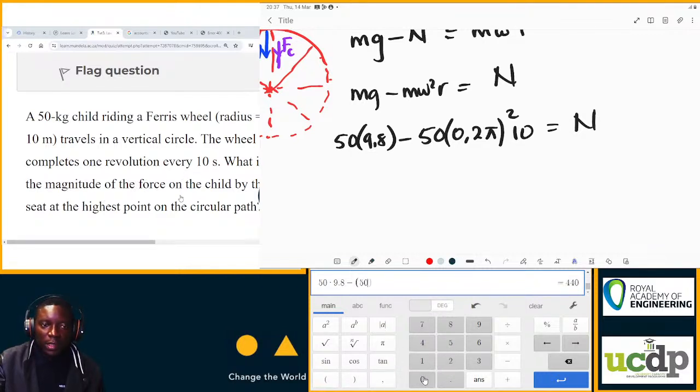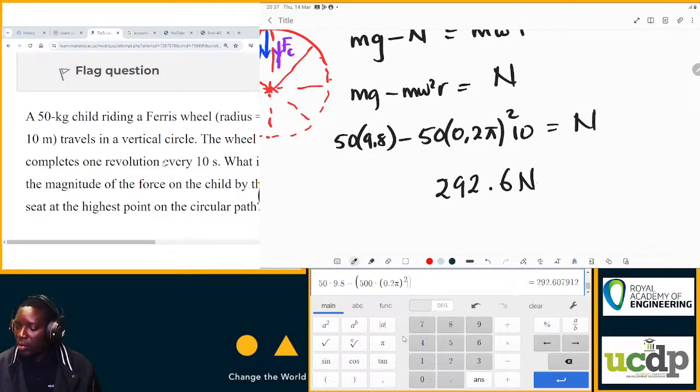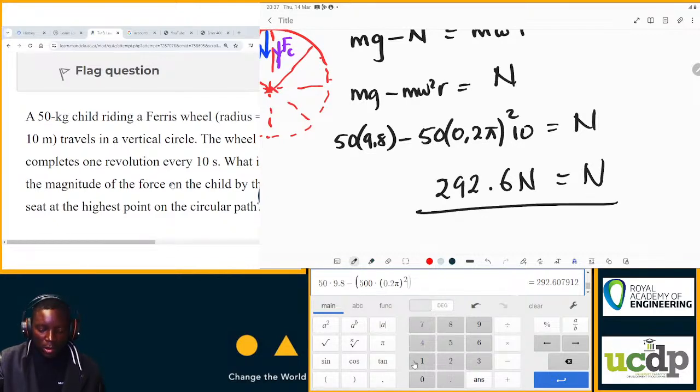So that's 500 multiplied by open bracket 0.2 pi, close that bracket, square that, and there is 292.6. So we have 292.6 newtons equals the normal.